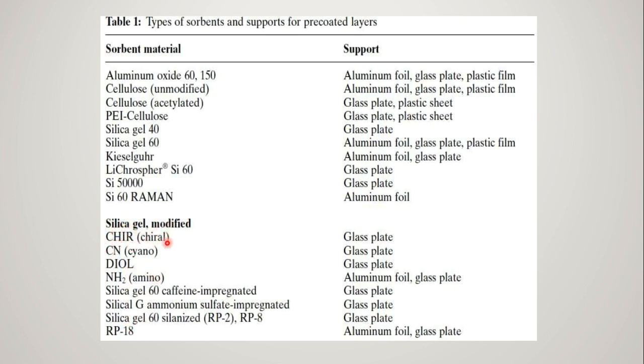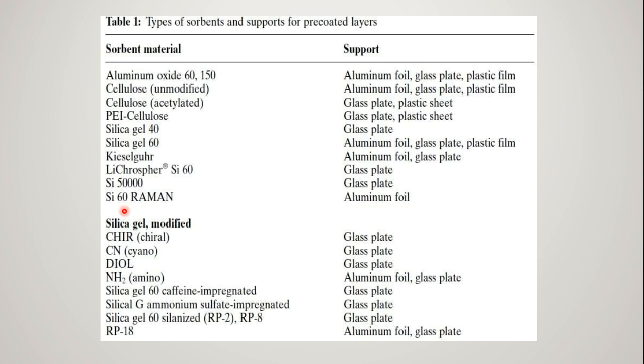Silica gel can be modified, and some chiral moieties can be attached covalently on silica gel. So these are all used for normal phase chromatography and also reverse phase chromatography. For normal phase, generally silica gel is applied directly, which is polar in nature.